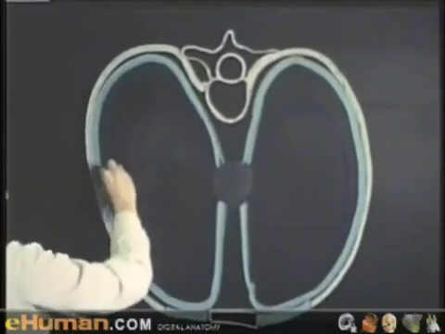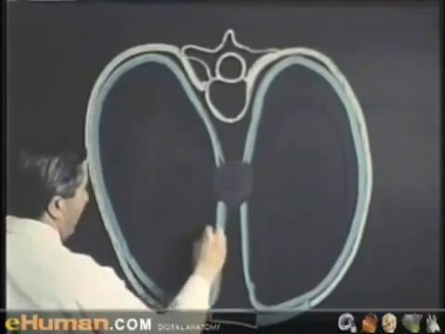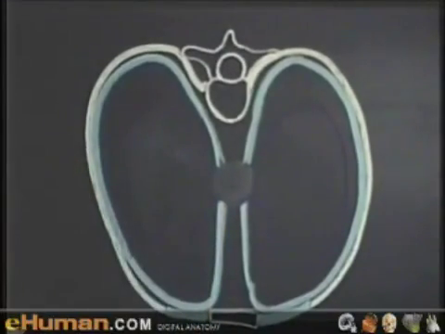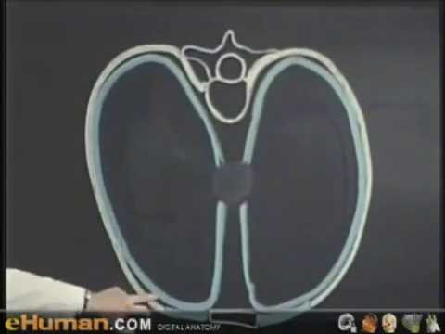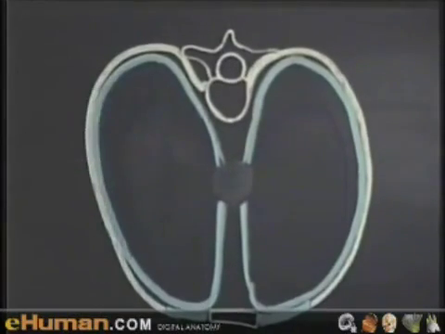There's just a thin film of fluid occupying this very, very small space between the visceral pleura and the parietal pleura. And it is this very thin space which is referred to as the pleural cavity.